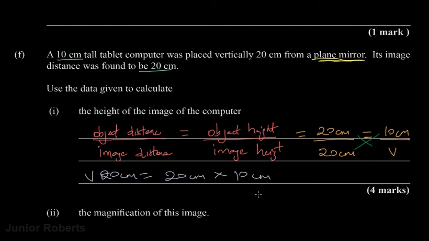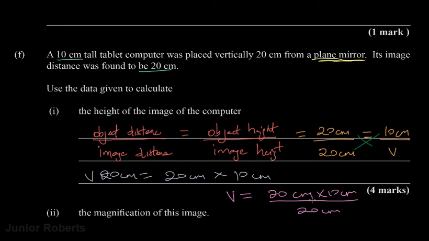Now we can simplify this, and when we do so, we're going to get that V is equal to 20 centimeter times 10 centimeter divided by 20 centimeter.